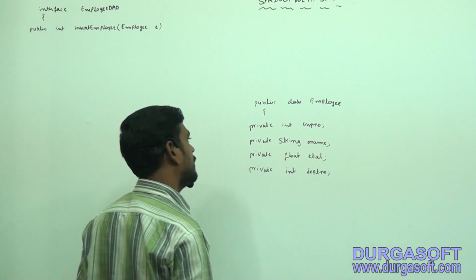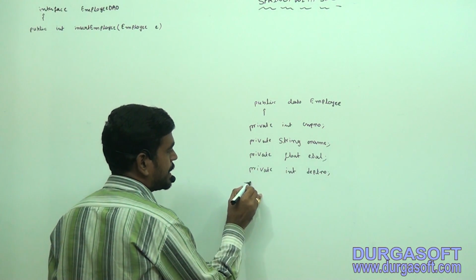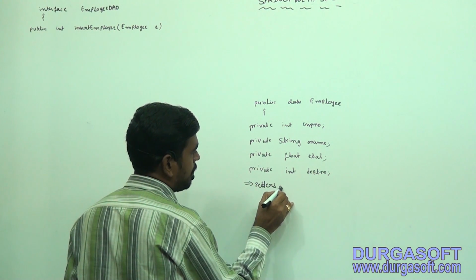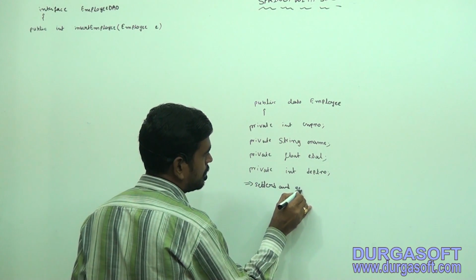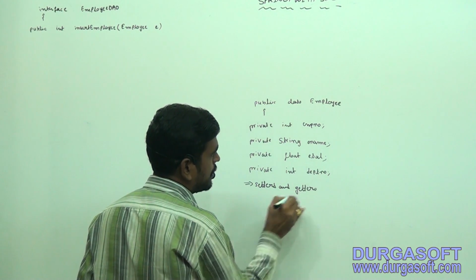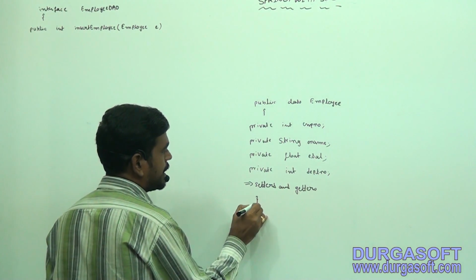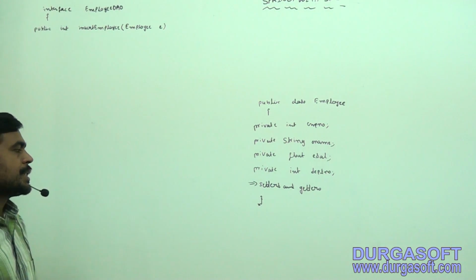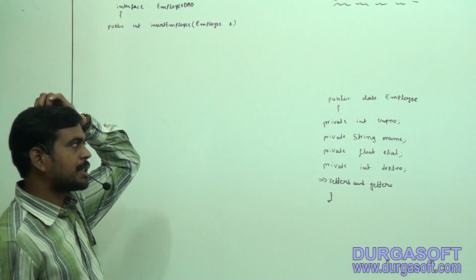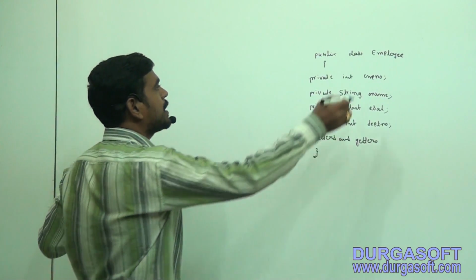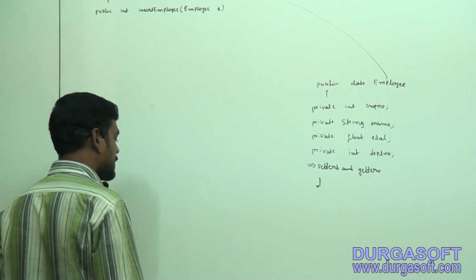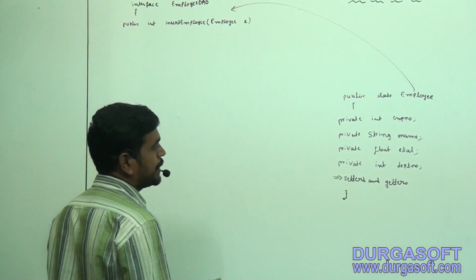Now after that we can generate the setters and getters. This is a POJO class. This Employee class I am passing here.